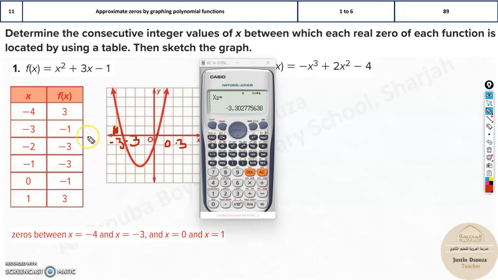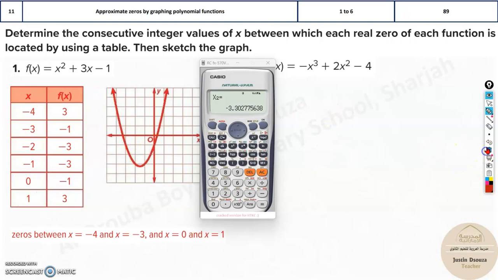Where is the 0? Wherever the sign changes, and the sign of f of x is changing at minus 4 and minus 3. So this is your one solution. And again you can see the sign changes over here, that is 0 and 1.